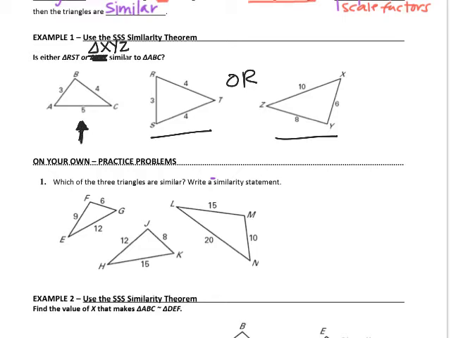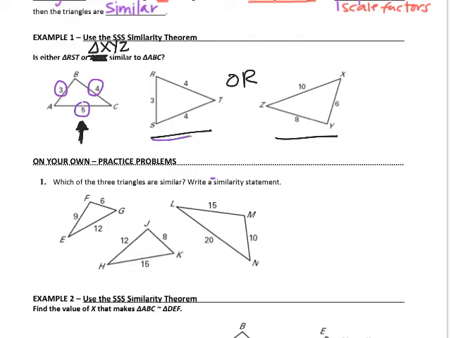Well, what we need to do is find out what the scale factor is for each of them and each of the sides, and then we can determine if one or the other is similar. So if I look here, I have a side length that is 3, a side length that is 4, and a side length that is 5.